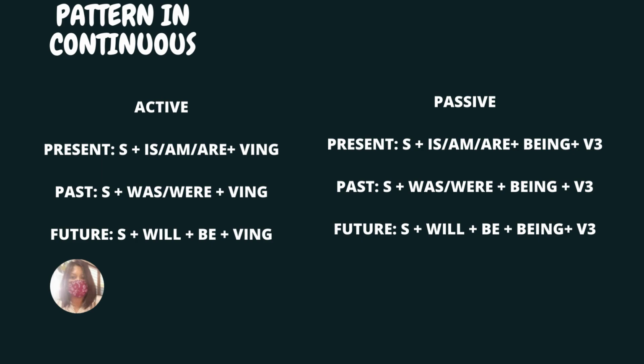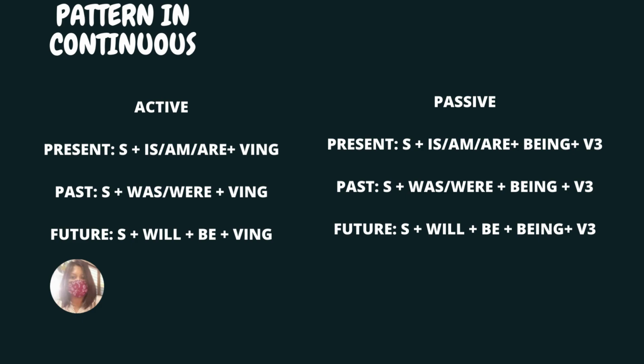So remember, continuous is verb-ing and the additional word is being. When you have the pattern for the present continuous in active, that will be subject plus to be plus verb-ing. In the past also subject plus to be plus verb-ing. And in the future continuous, subject plus will plus be plus verb-ing. That's the active one.